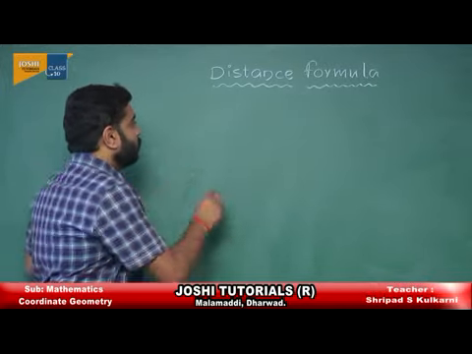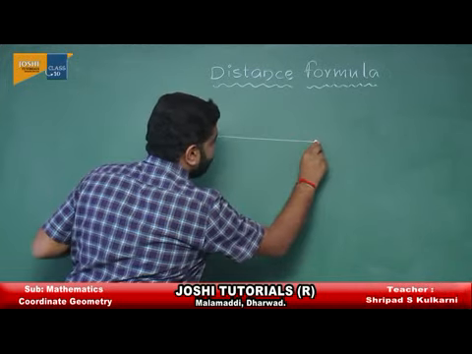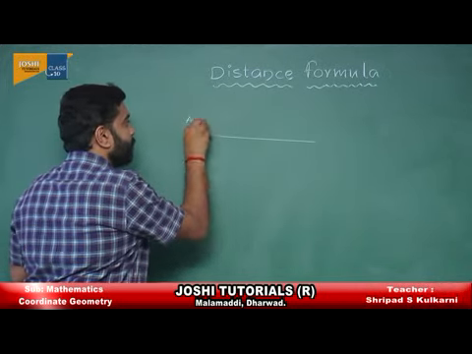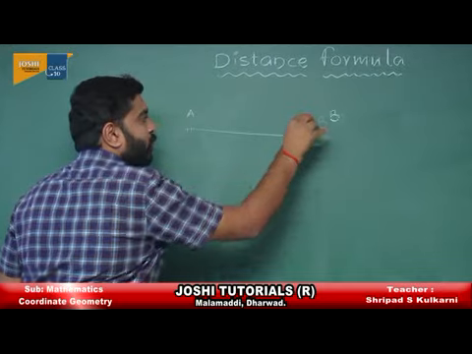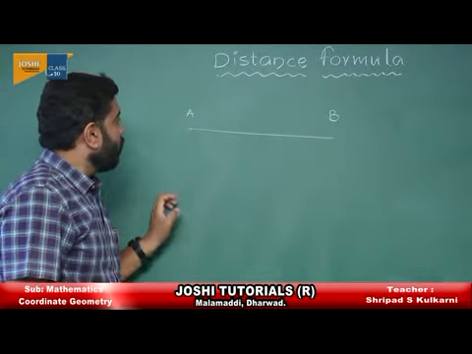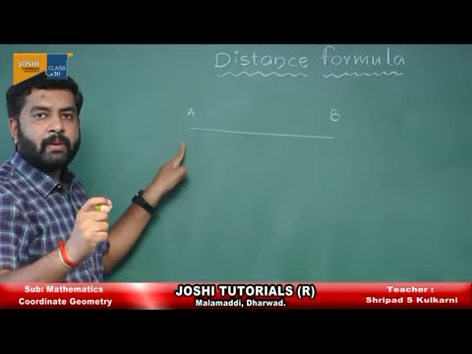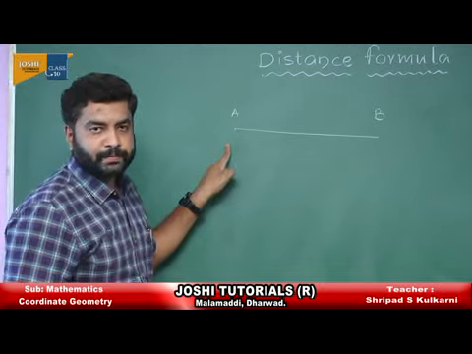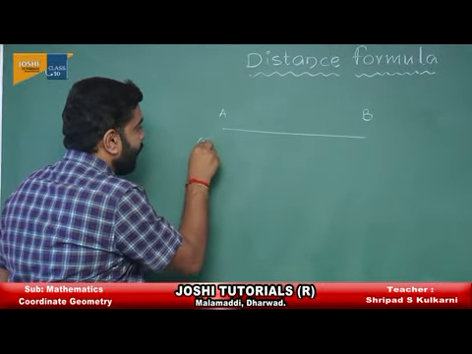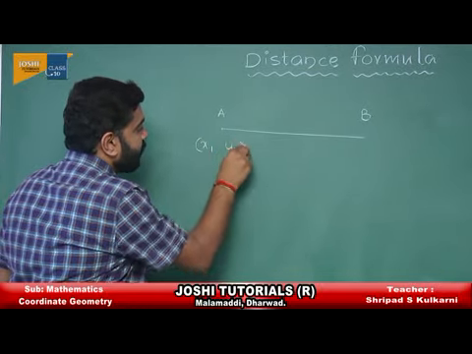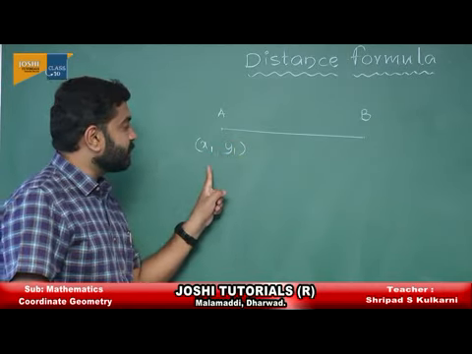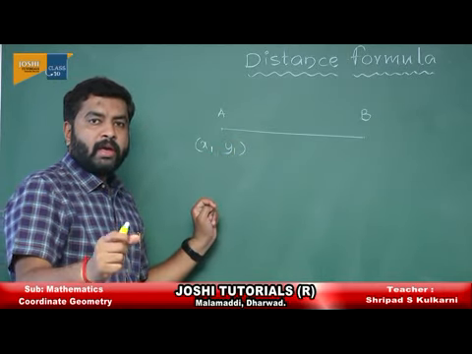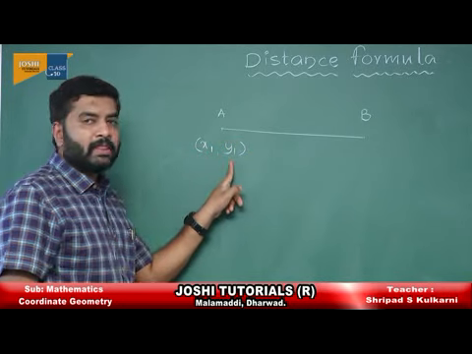Then observe this. One line is given. This is point A, point B. There are 2 points. Point A is given by some coordinates. Let us call x1, y1. See how I have written. x1, y1. For example 2, 3.